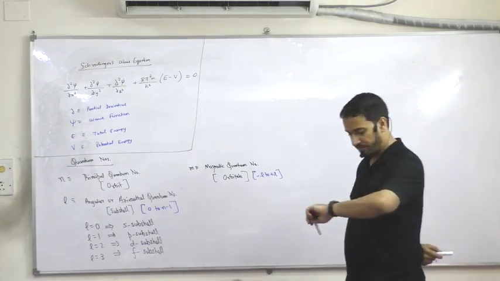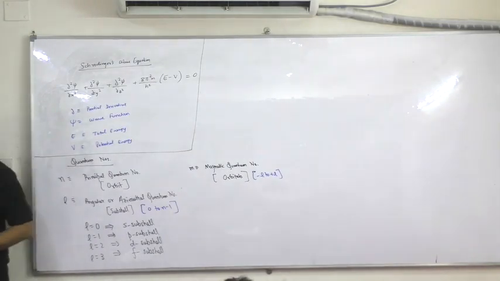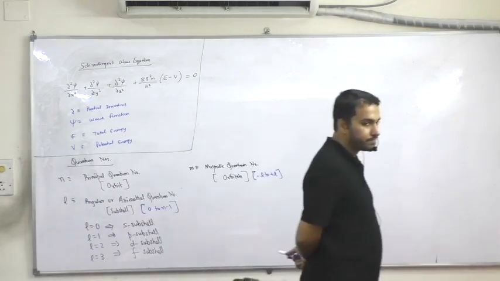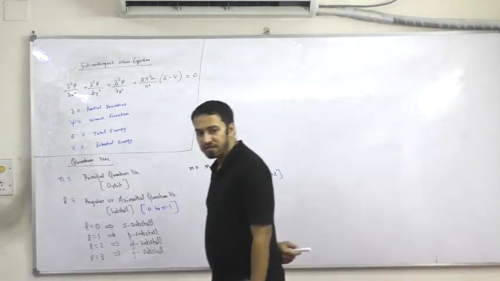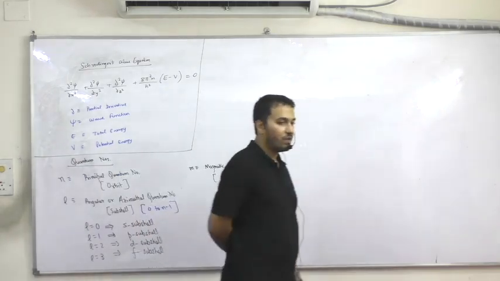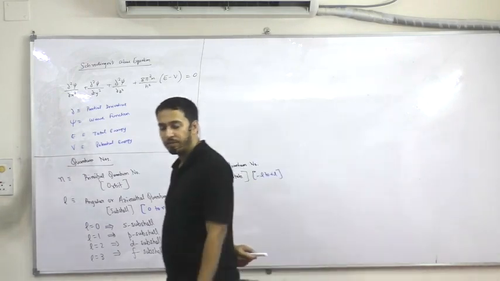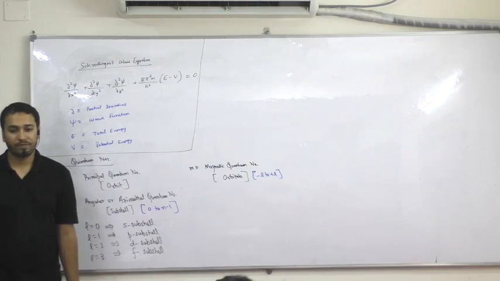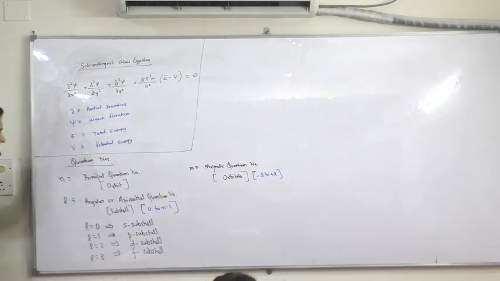An orbital is a region in the atom where the chances of finding an electron is maximum.